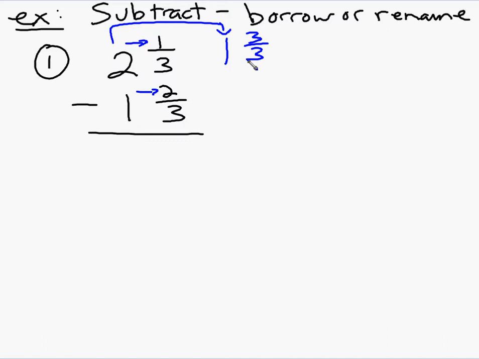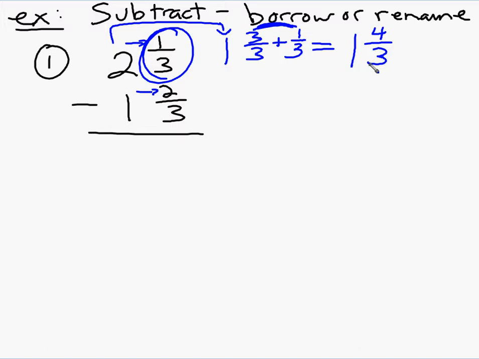Does everybody understand that? Okay. But, hold on a minute, how many thirds did I already have? 1/3. So I need to add that 1/3 to the 3/3. So now I have 1 4/3. And if you can get that part of borrowing and renaming, you've got most of the battle beat.